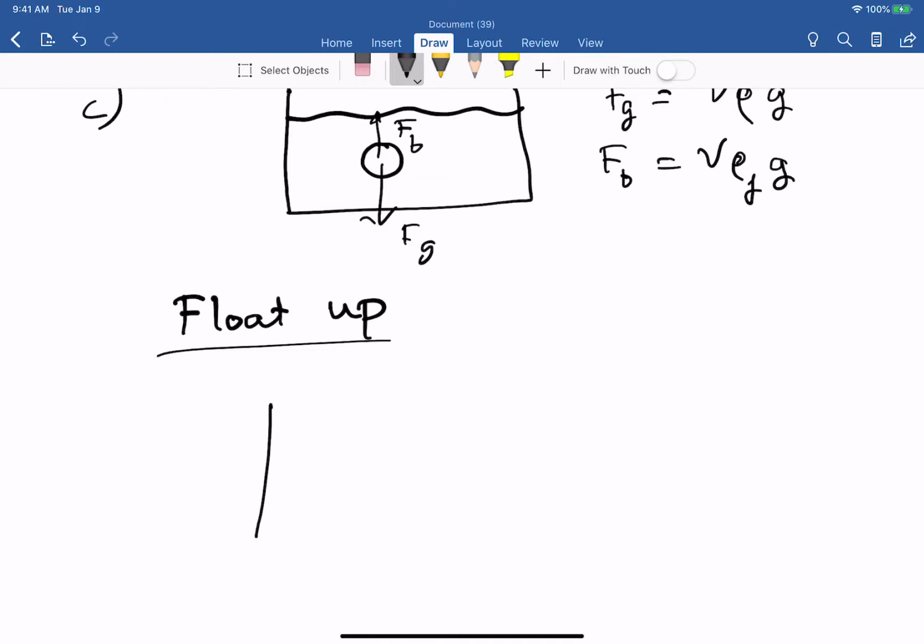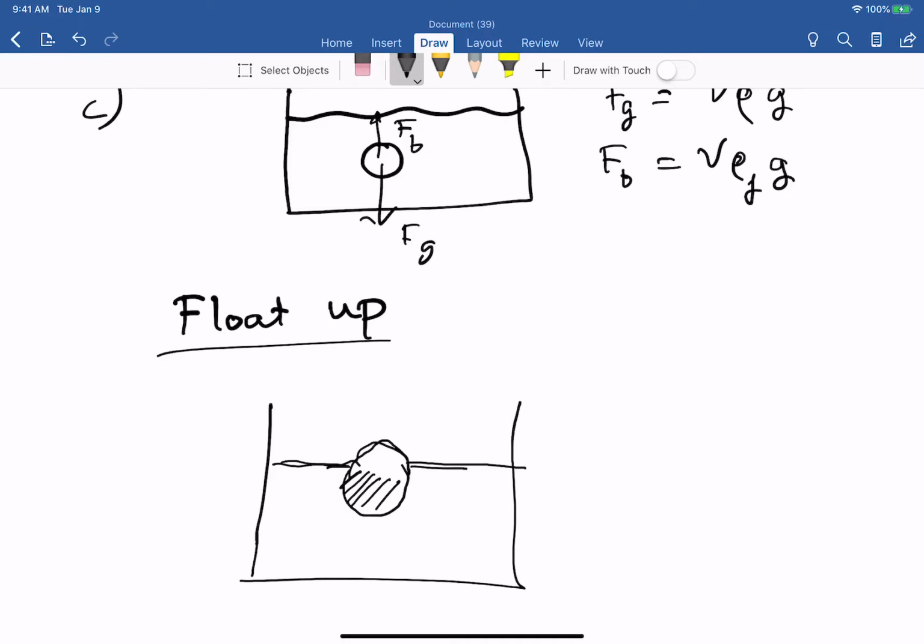So in the end, the situation will be like this. Here is our object. A part of the object is now sticking out of the water, and only the submerged part determines the buoyant force.